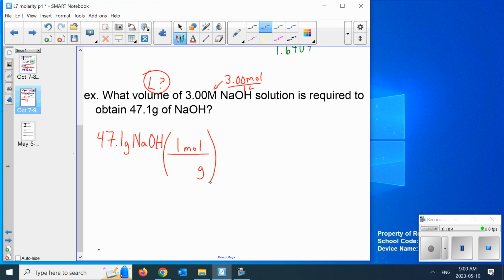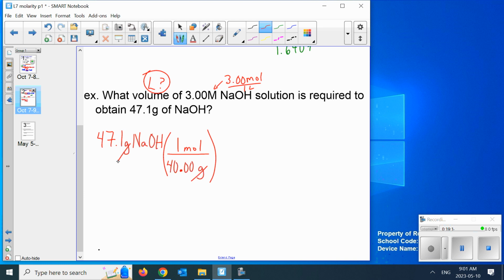We actually did that earlier on the first page, right? 40.00. I added up Na plus O plus H. So that saved us some time. Okay, the first bracket, I've gotten rid of grams. So always get rid of what you start with. There are no formulas needed in chemistry for most calculations at this level. You just mix and match them.